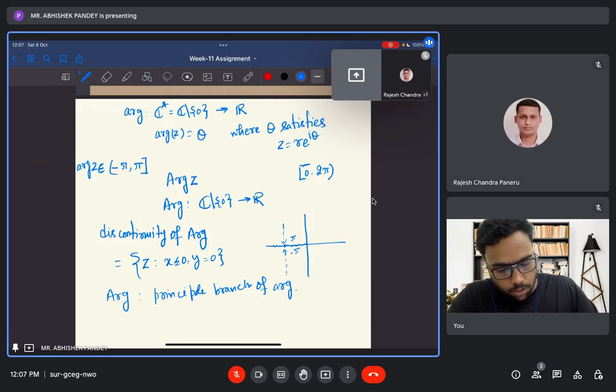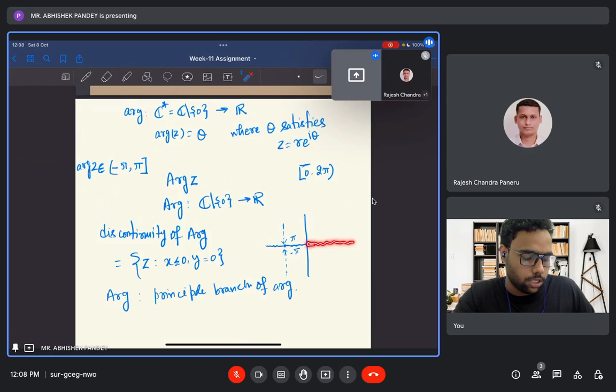Now if you restrict to the other interval, you will get the discontinuity on the positive real axis. So however you choose the interval, you get a discontinuity line.